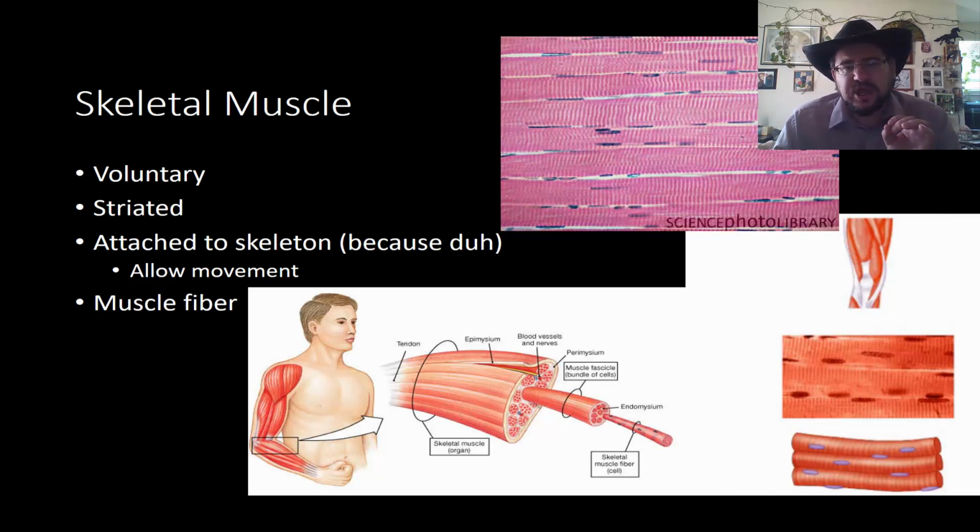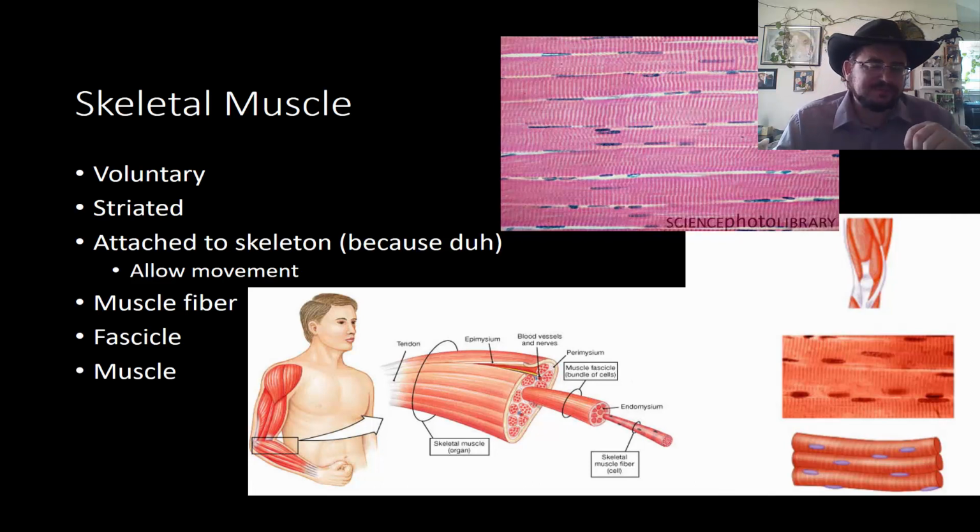So we have these long fibers, right? If you take a bunch of muscle fibers and bundle them together, you get a muscle fascicle. If you take a bunch of muscle fascicles and bundle them together, you get a muscle.